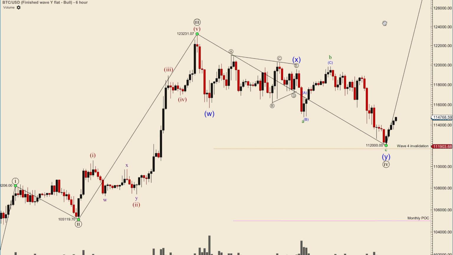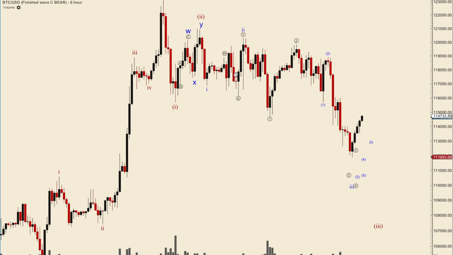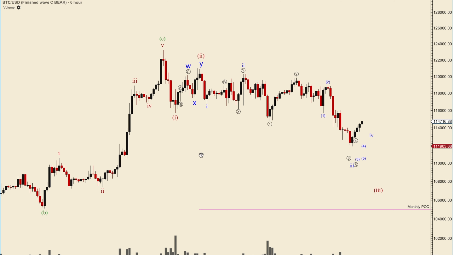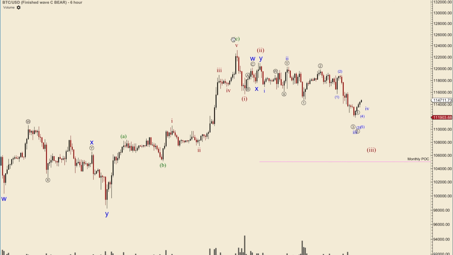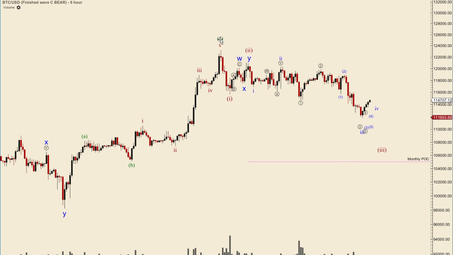That's the level where this count and the alternatives go over to this count, or in the worst case scenario, we are looking at this count, a finished wave C. But I also have to mention that if we have a finished wave C here, we are looking for an impulse down to start a new bear market, and this doesn't count well at all as an impulse.